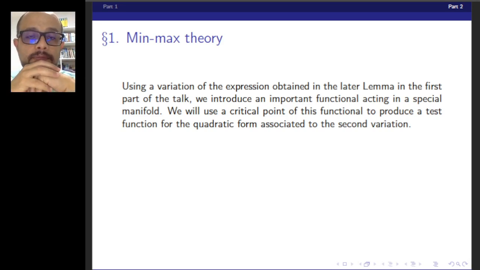Okay, and such expression is interesting for us because if you do a very simple variation of that expression, we will obtain a nice functional.